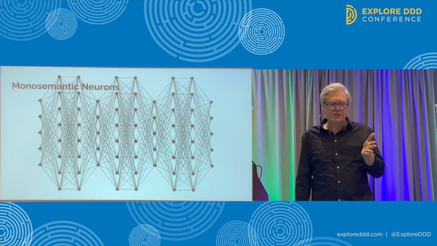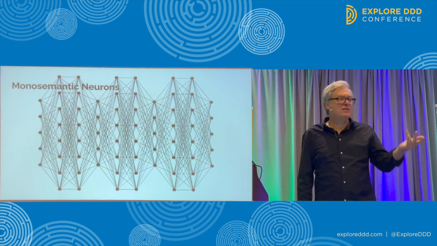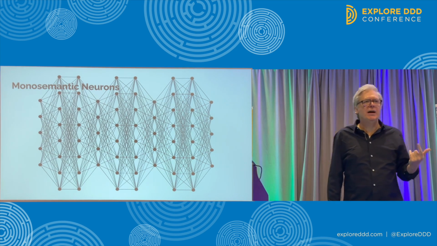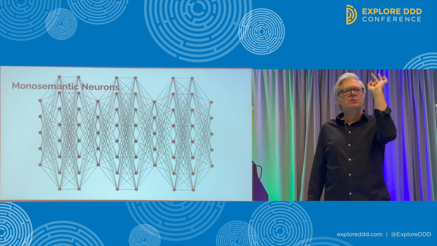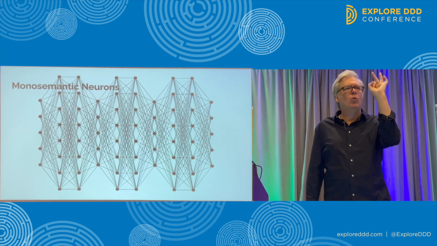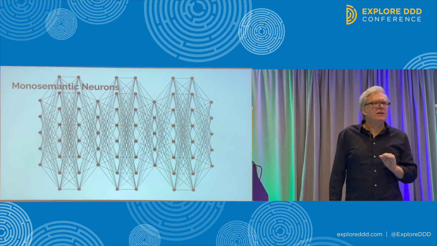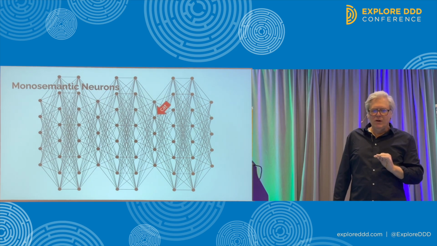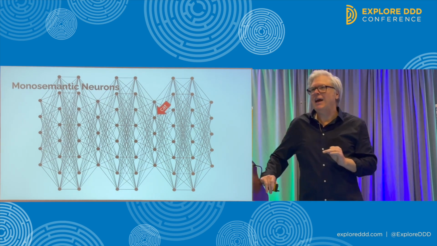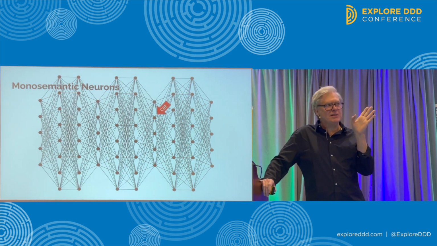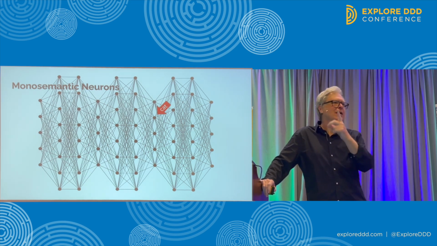And a lot of research has gone into this. The first idea that people had was that one neuron, which is basically the same thing as saying one number within one of those latent space vectors, means one thing. And sometimes it does. They call that a monosemantic neuron, one meaning.